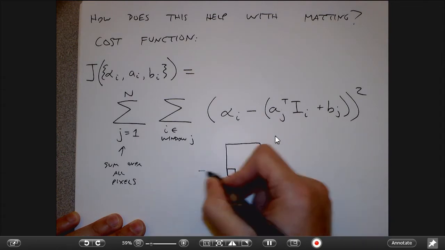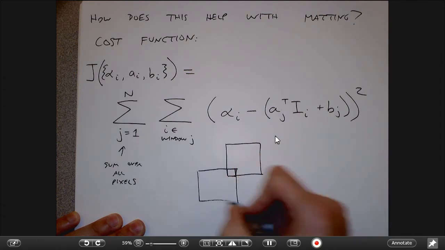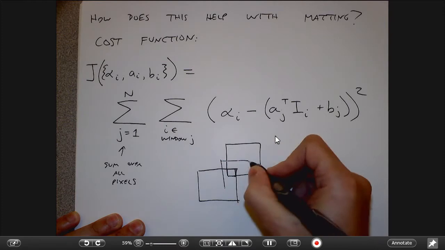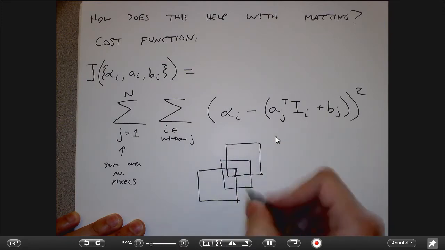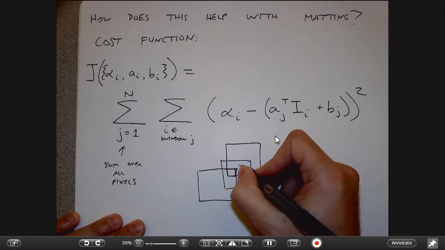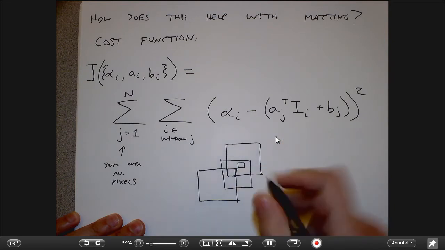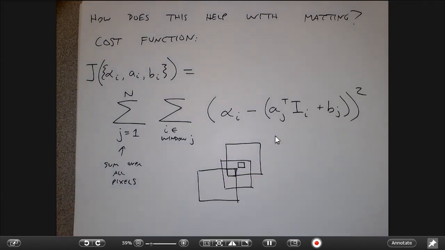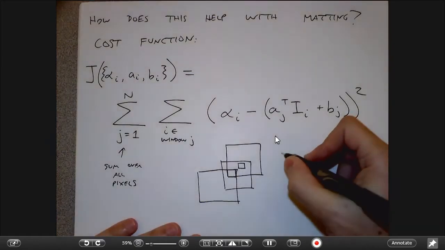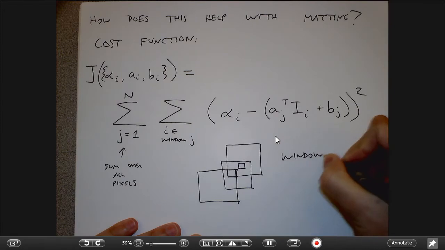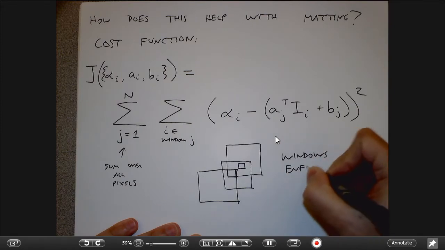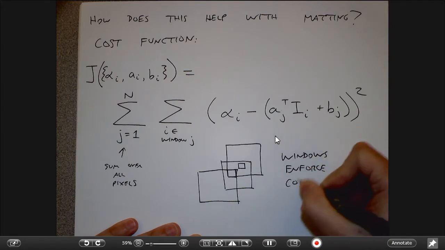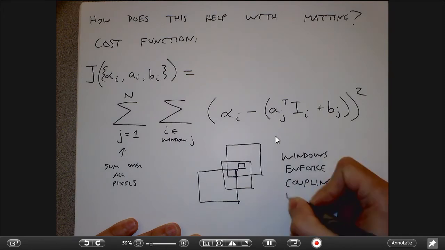It could be at one corner like this, or like this, or like this. And this pixel over here shares a window with this pixel in a couple of places, and in other places it doesn't. So collecting the pixels together into these windows enforces coupling between the pixels.